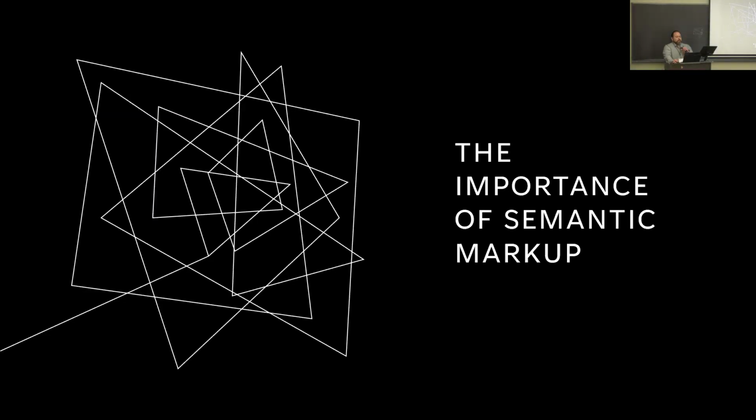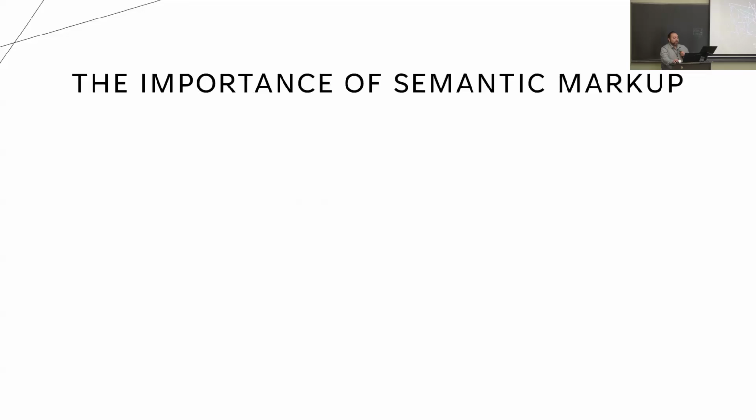Which then brings us to the importance of semantic markup. I think probably most of us in this room understand the importance of semantic markup. But sometimes, based on design decisions and maybe time when we need to develop something, we might be forced to do something else.